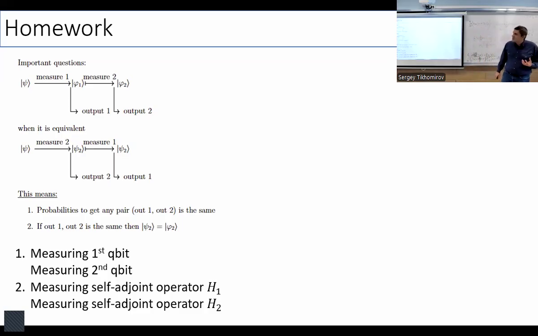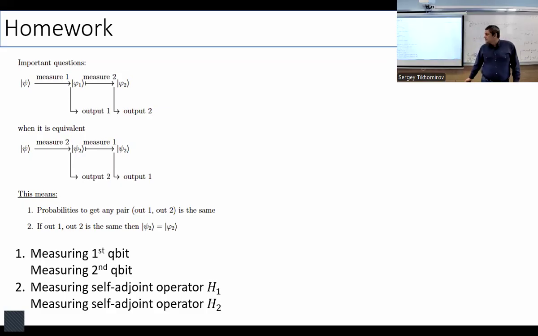I will say that they are equivalent if for any pair output 1, output 2, the probability is the same, and if output 1 and output 2 are the same, then the final result is also the same. This is the definition of equivalence. Basically, they are indistinguishable in that case, because the classical part is the same and the quantum part is the same.